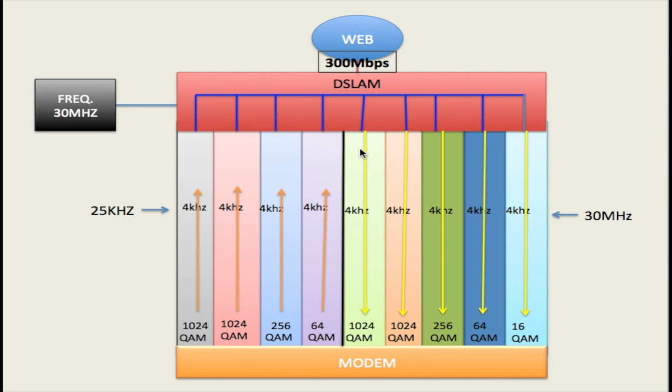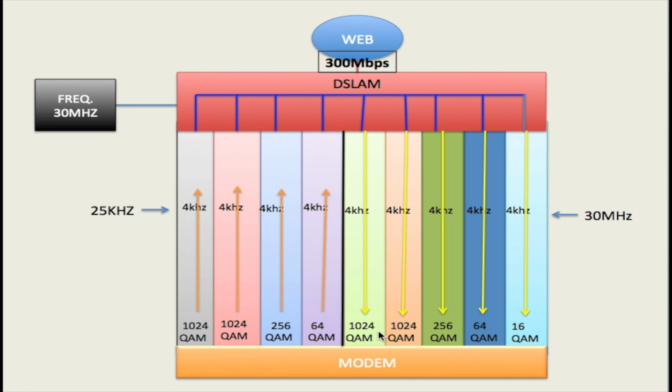So let's say, for instance, this very first channel here on the downstream has very little noise. The noise level is extremely low. Usually for the lower frequencies, the noise is also lower, and higher frequencies usually carry more noise because higher frequencies are more susceptible. So here for this low frequency, we are able to send 1024 QAM.